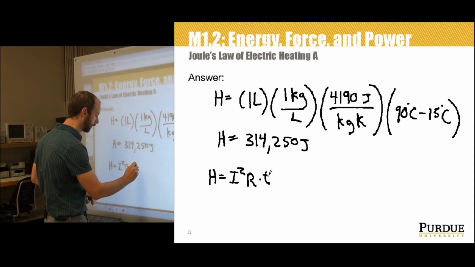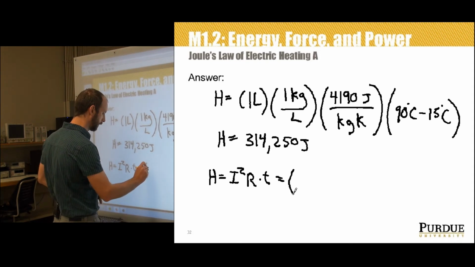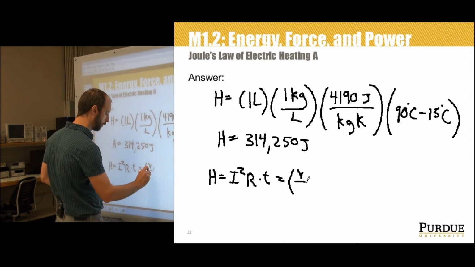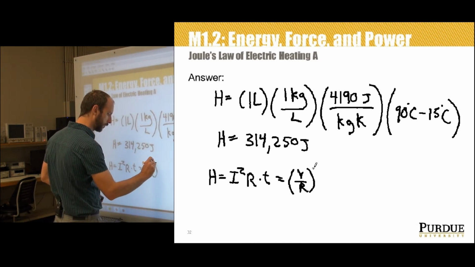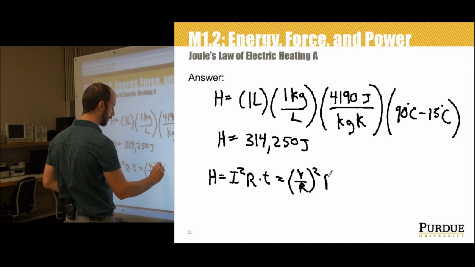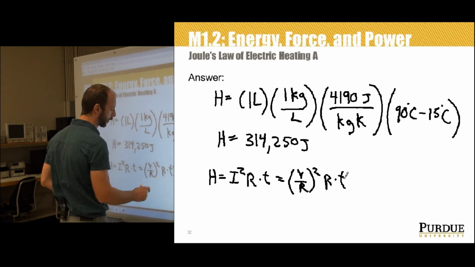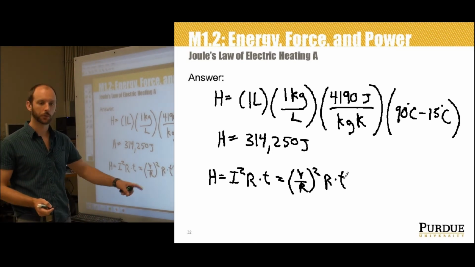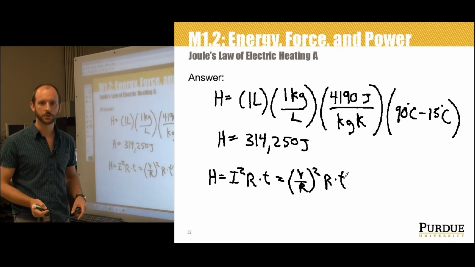So we're going to make that V over R squared. V over R is just current, and we multiply by R times T. So that gives us another power formula. It's V squared over R, another formula for power in a DC resistive circuit.